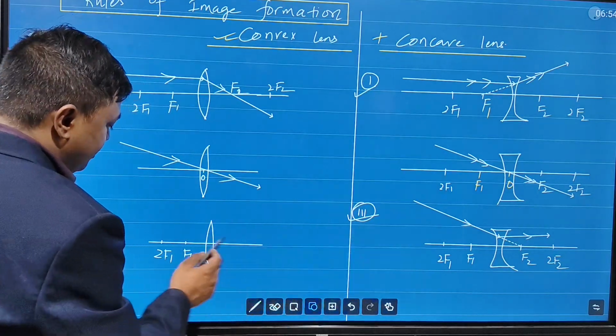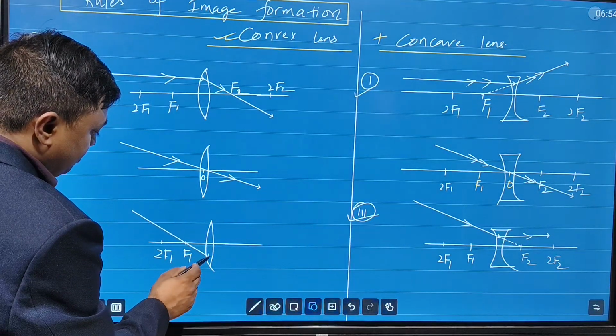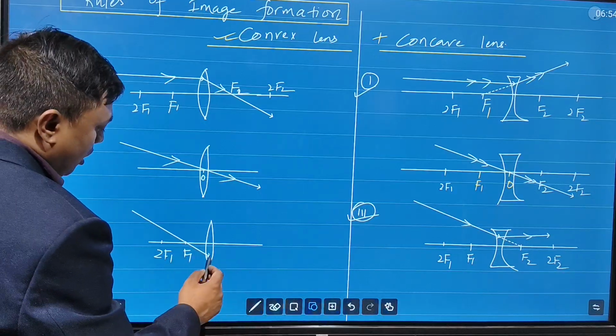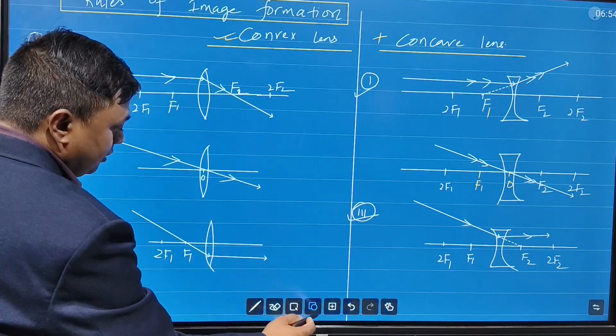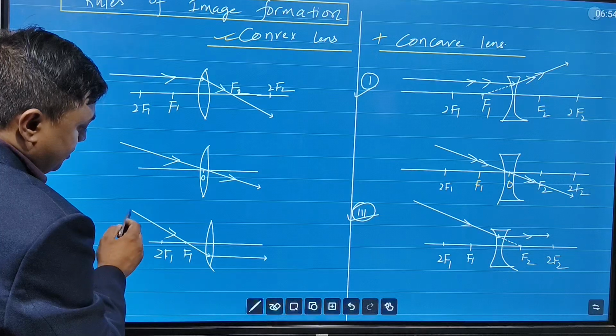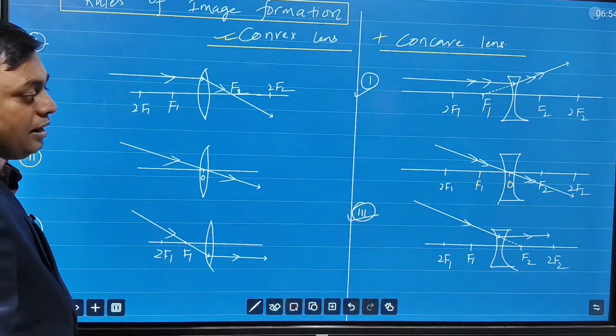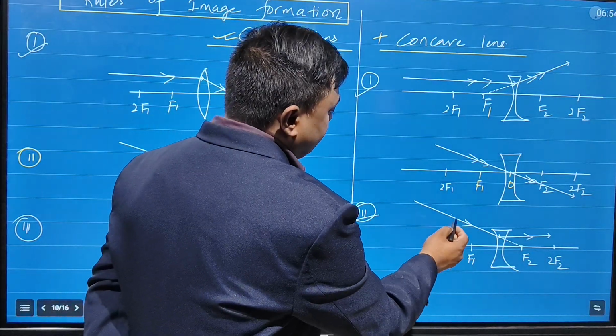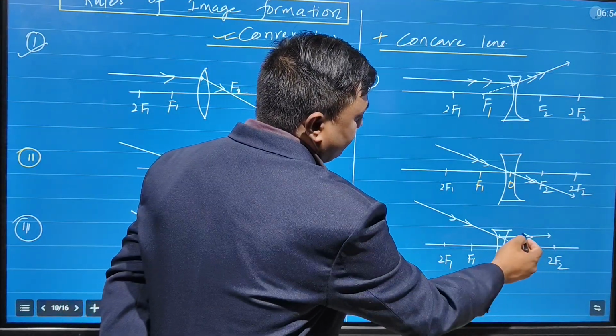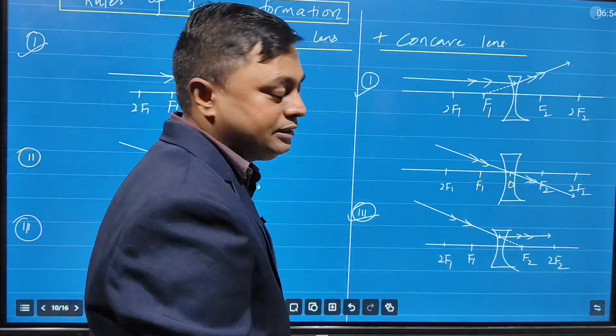Any ray of light passing through the focus becomes parallel after refraction. You can see here this light ray passing through the focus becomes parallel after refraction. Similarly, if the ray of light is directed towards the focus, after refraction it becomes parallel. Is it clear?